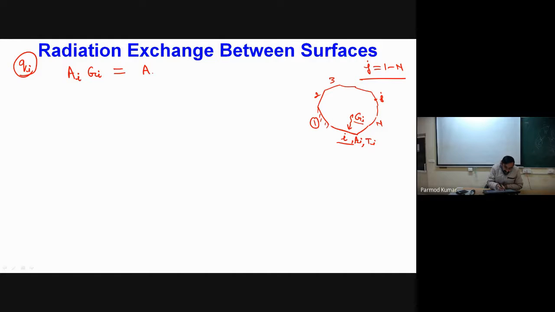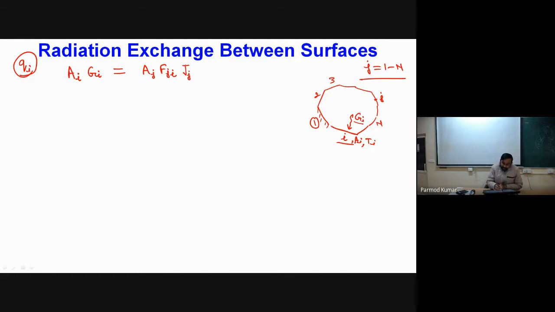So Ai Gi I can write as nothing but Aj into Fji, where Fji represents the view factor from j to the ith face, and here we have to multiply this with the radiosity of the surface.